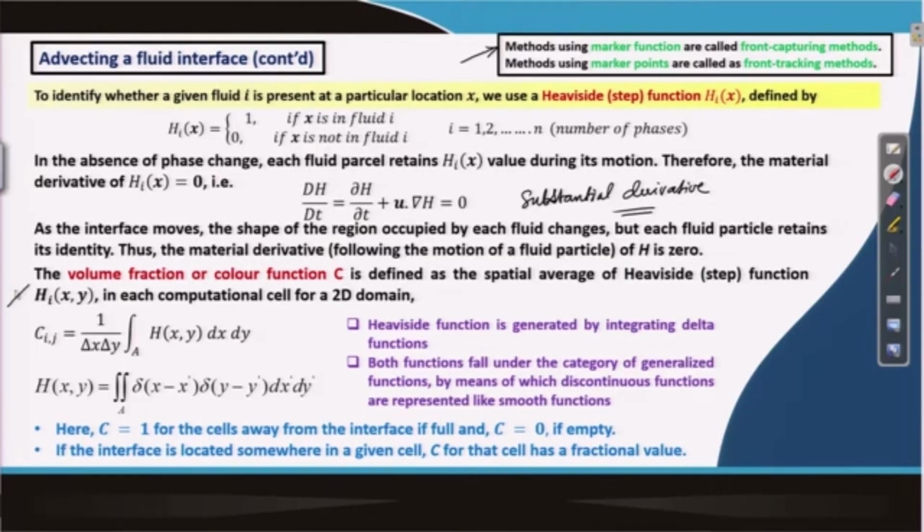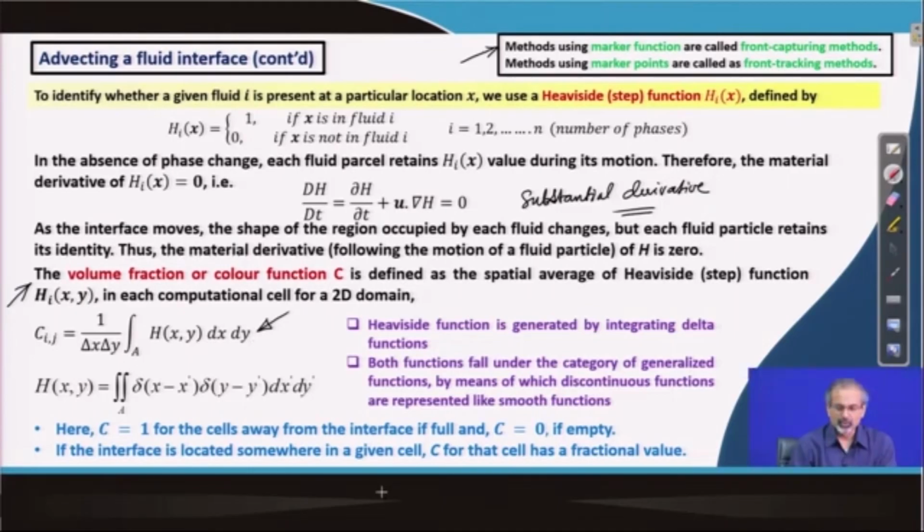We discussed briefly the volume fraction or color function C, which is built on the Heaviside function by integrating it area-wise in a two dimensional domain. We understood that C can occupy values anywhere between 0 and 1.